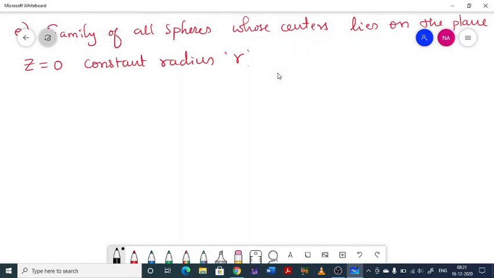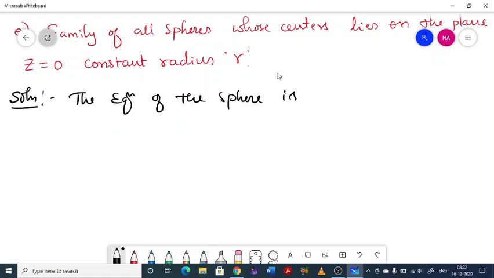Now see, in all the problems that we solved till now, the equation was given explicitly, but here it is not given explicitly. You have to write the equation of a sphere on the z plane. On the z plane means the z coordinate will be 0. So the general equation of the sphere is x minus a whole square plus y minus b whole square plus z minus c whole square equal to radius square.